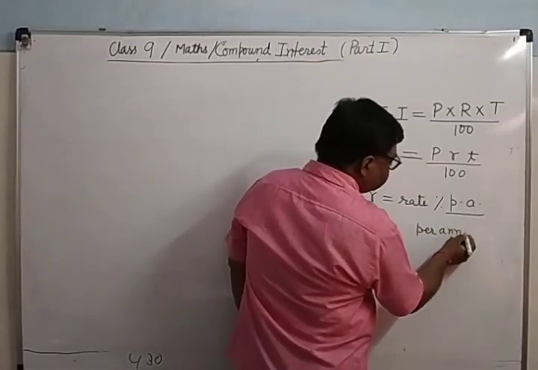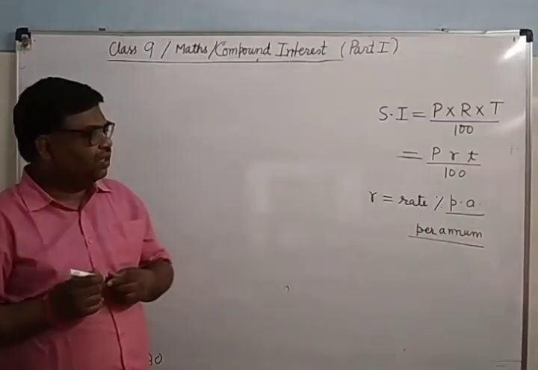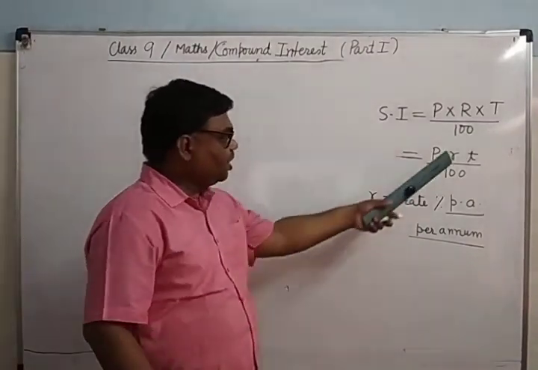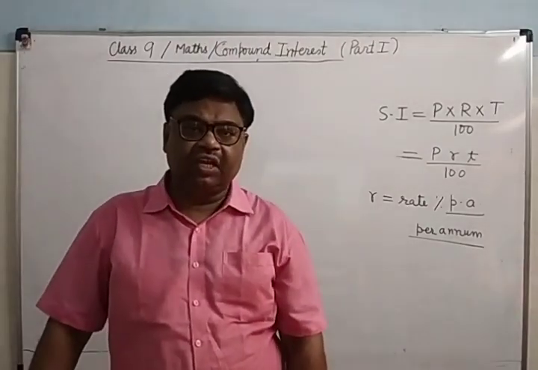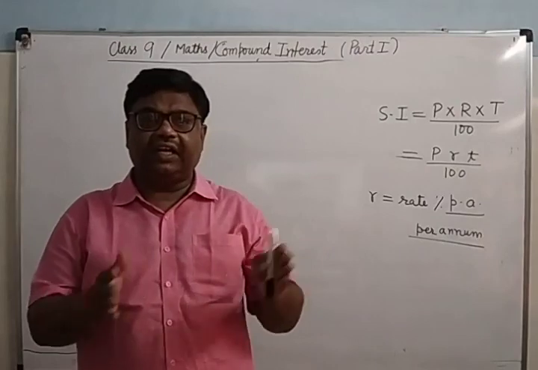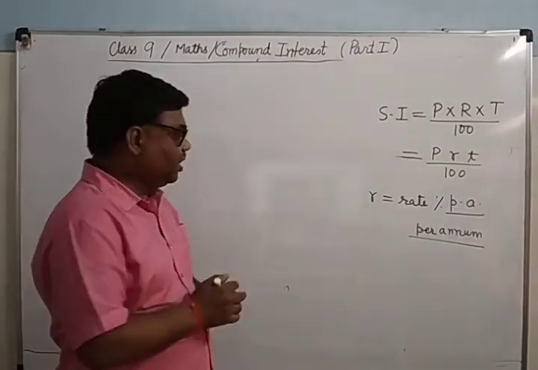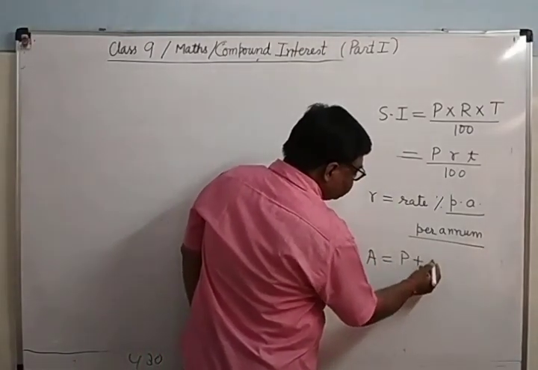Per annum means per year. It's clear? And T, time, will be in years. This is the formula of simple interest. When this interest is added to the principal, the original sum, we get the amount. Amount equals P plus SI.